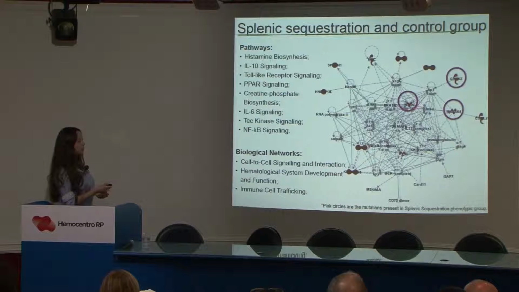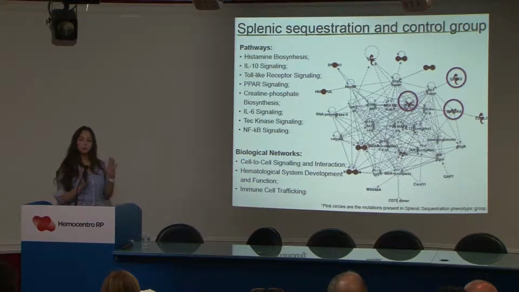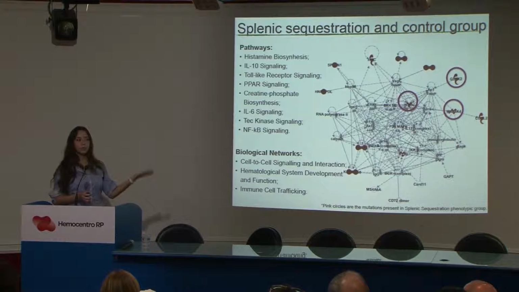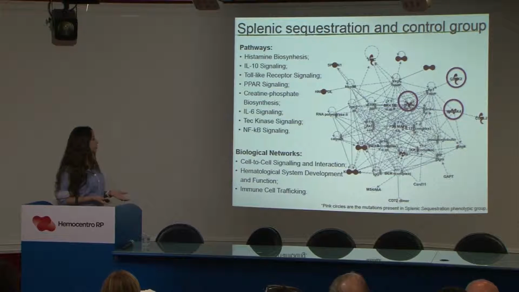These pink circles are the genes mutated in the splenic sequestration group. Here we can see that they enrich cell-to-cell signaling interaction, as I said before, and the genes present only in splenic sequestration groups are also enriched in hematological system development and function and immune cell traffic.